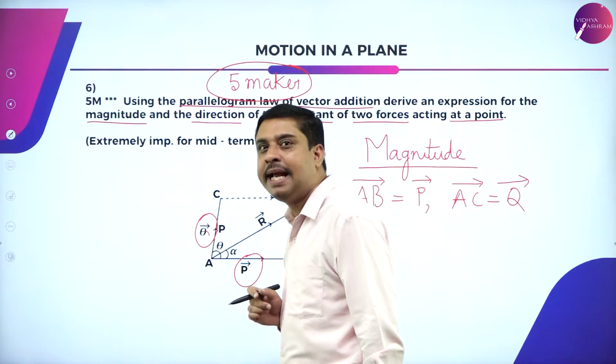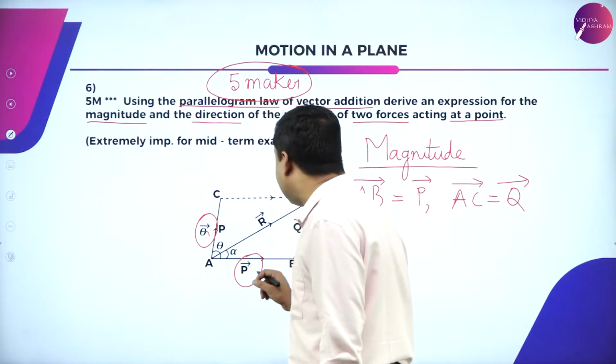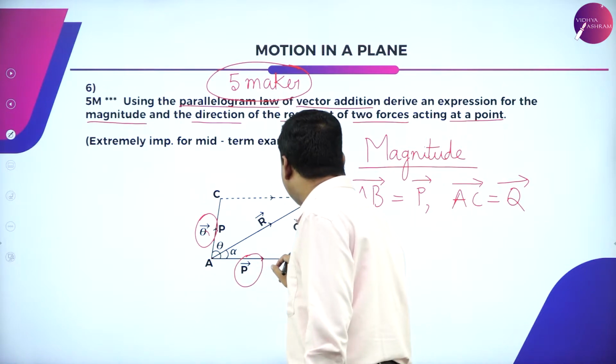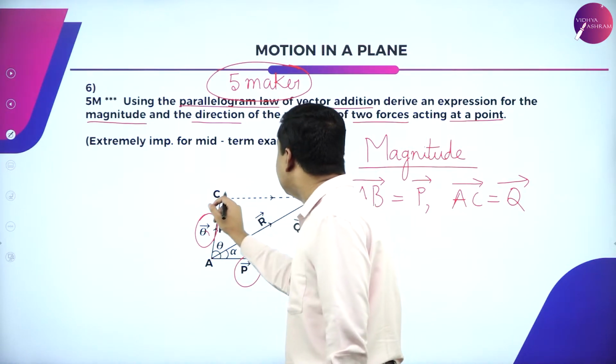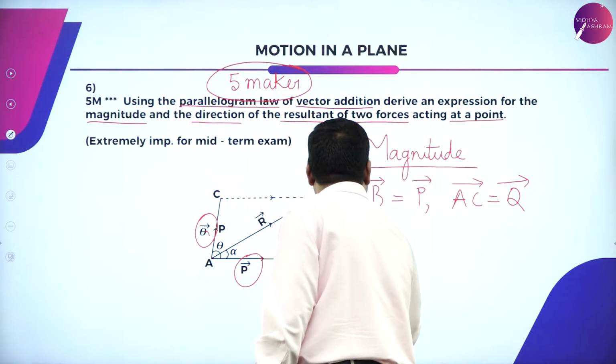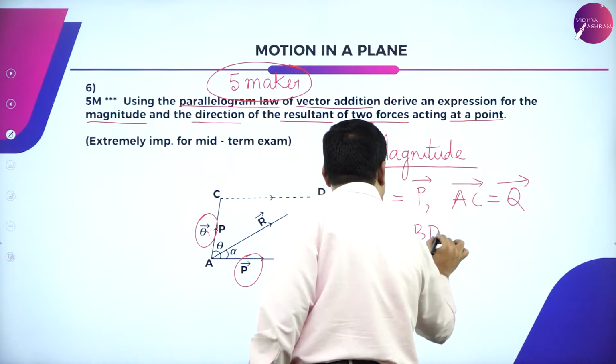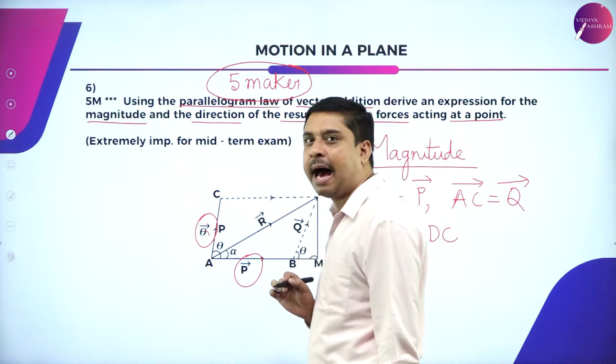Now I complete the parallelogram. Which is the parallelogram? A, B, D, C is the parallelogram. So I'm considering A, B, D, C is the parallelogram.